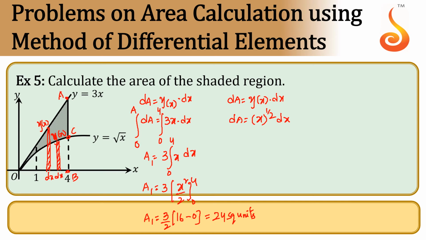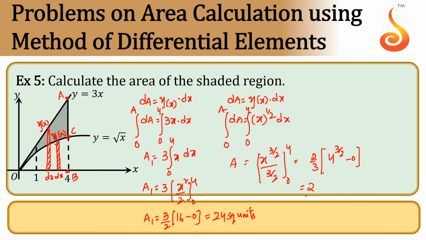What is the area of the total part? Let it be integrated from 0 to 4. So integral of dA is A. Integral of x power 1 by 2 dx is x power 1 by 2 plus 1, by 1 by 2 plus 1, which is 3 by 2, by 3 by 2, with limits 0 to 4. So what we get, 2 by 3, and in the place of x, let us substitute 4 power 3 by 2 minus 0.